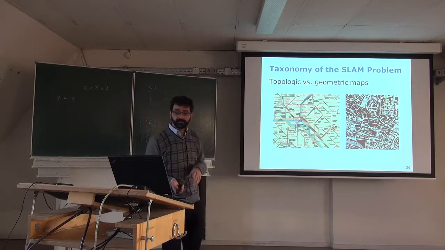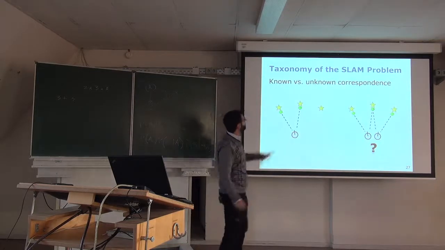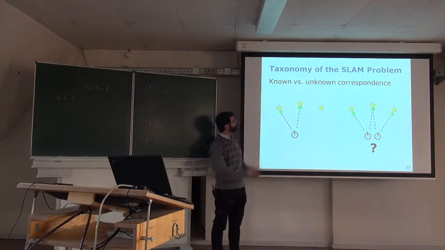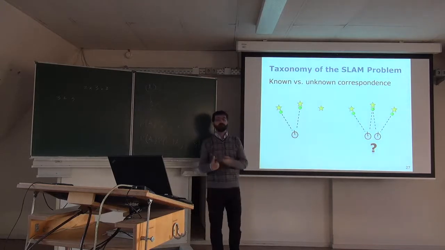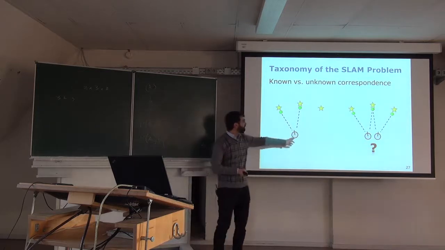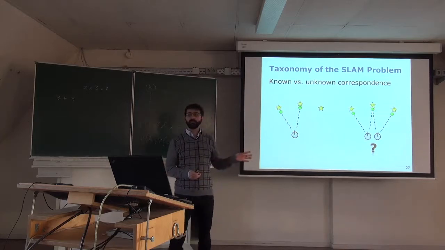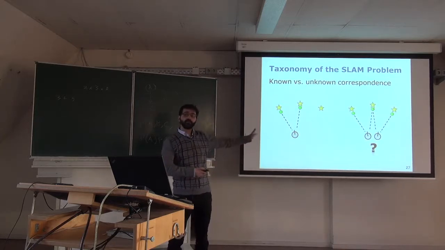A third interesting part regarding the taxonomy is if we have known or unknown correspondences. Okay, if you have known correspondences, the problem is way easier than if you have unknown correspondences. And that's because of the problem I said before, no?